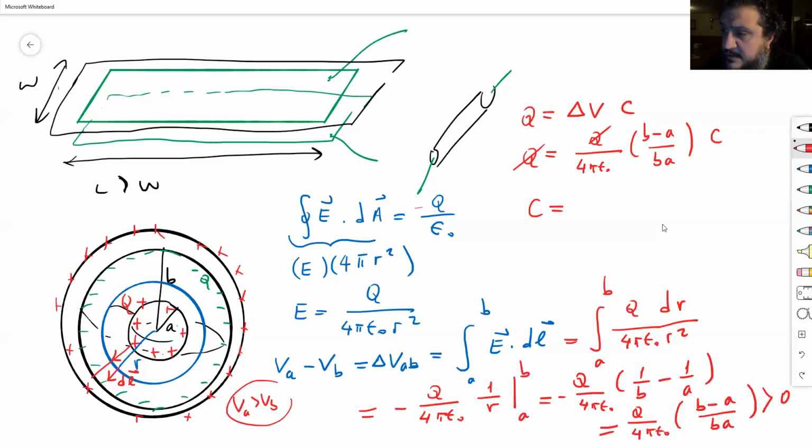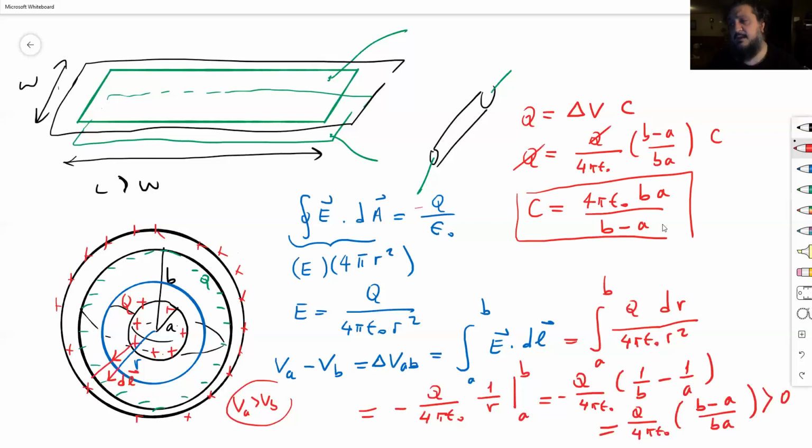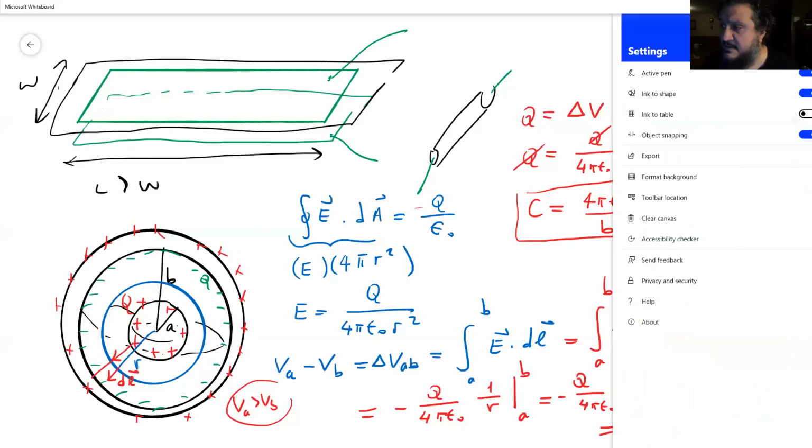So C equals 4 pi epsilon 0 BA divided by (B minus A). Okay, the capacitance of a system of two spheres which share the same center.